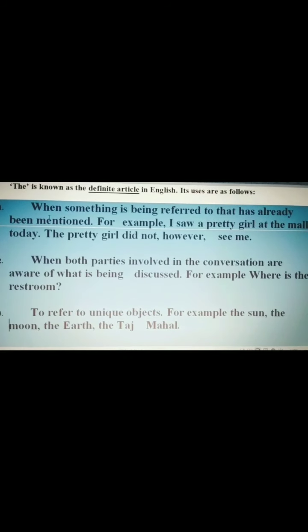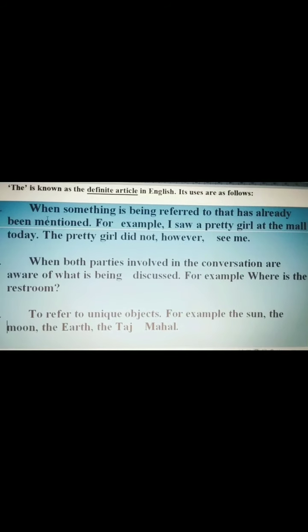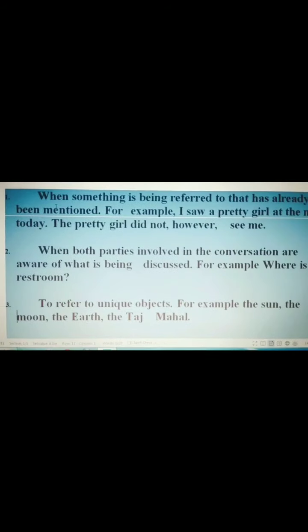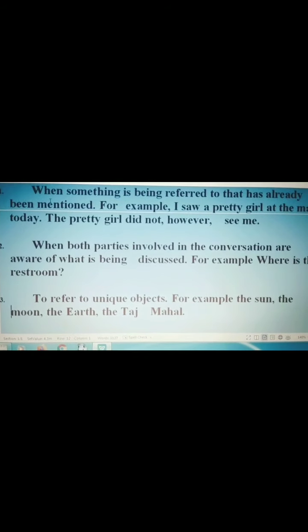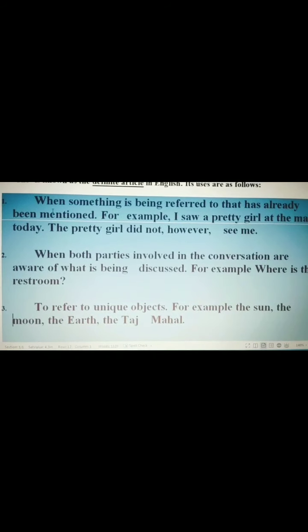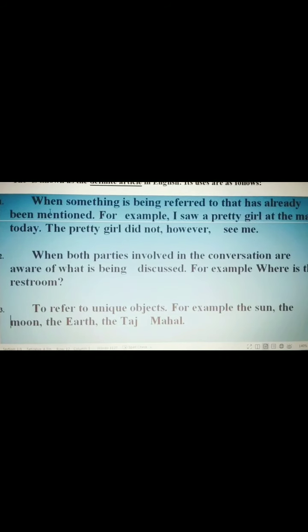So here you can see both the parties are aware of the restroom, that's why they have used the before it. Thirdly, to refer to unique objects, for example, the sun, the moon, the earth, the Taj Mahal. So these are unique, one of their kind. So we have used the before each.